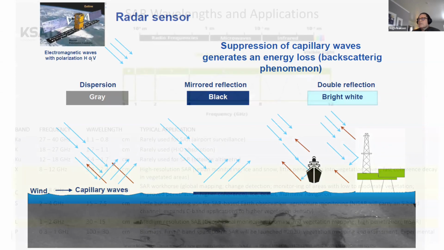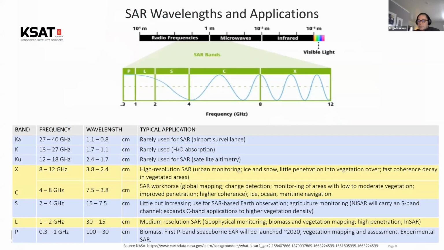Things to take into consideration when choosing a sensor is which frequency do you need. So SAR is in the microwave part of the electromagnetic spectrum. X-band is available on TerraSAR and COSMO-SkyMed and on ISI.